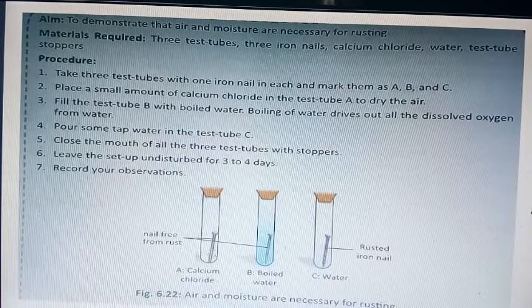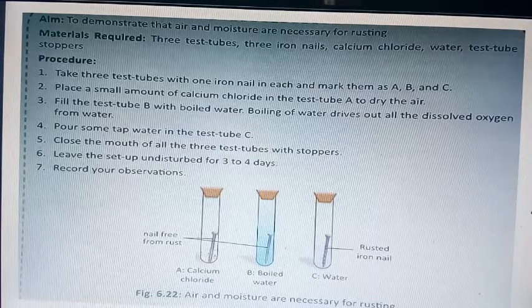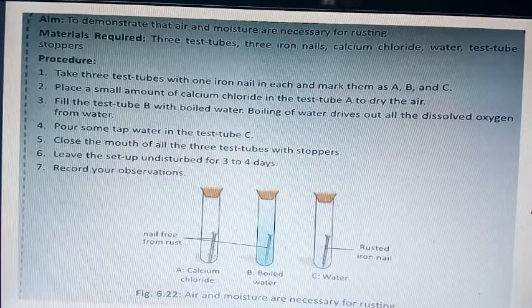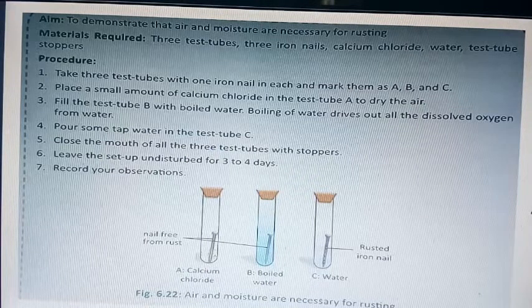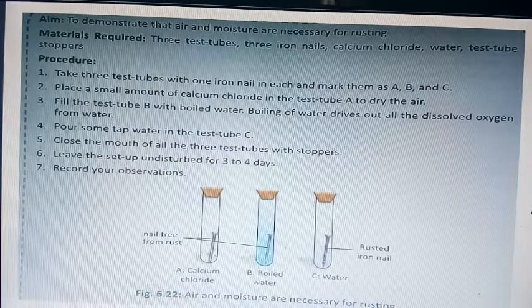What is the procedure? Take 3 test tubes with 1 iron nail in each and mark them as A, B, C. Place a small amount of calcium chloride in test tube A to dry the air. So you must be thinking, what is the use of calcium chloride in test tube A?